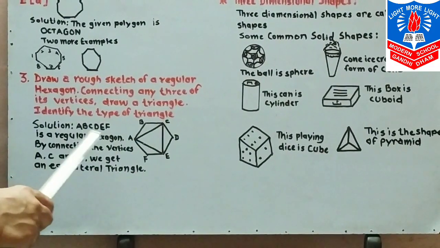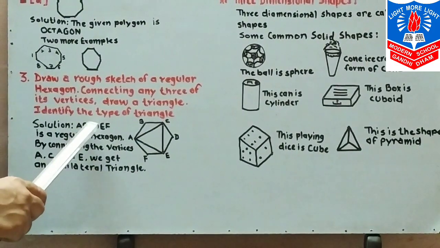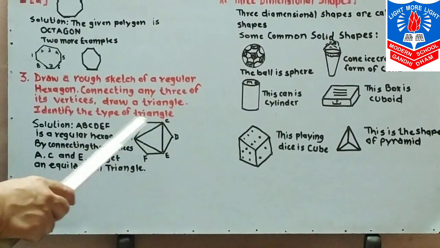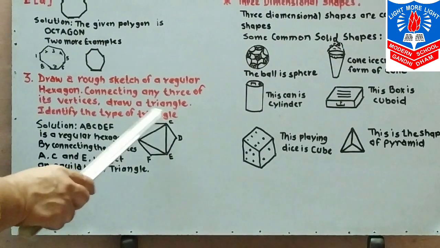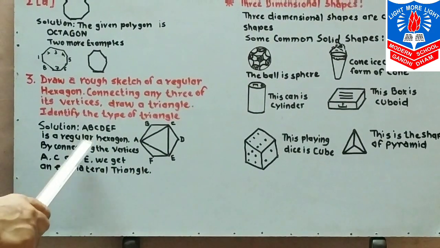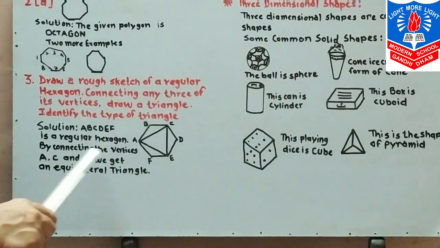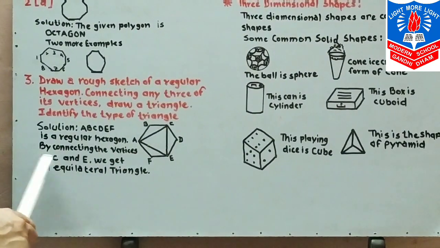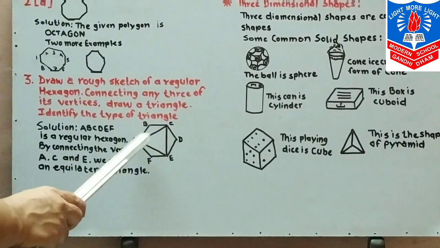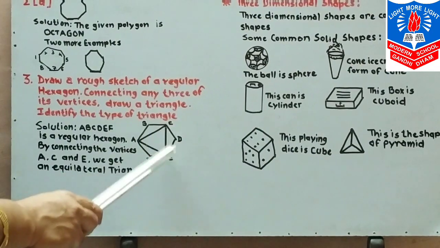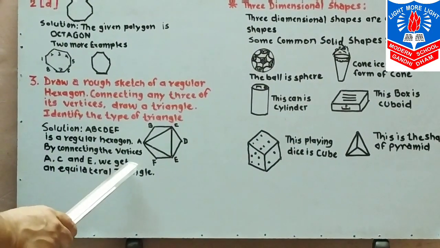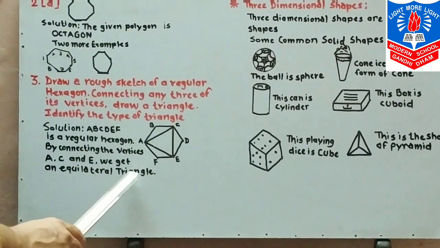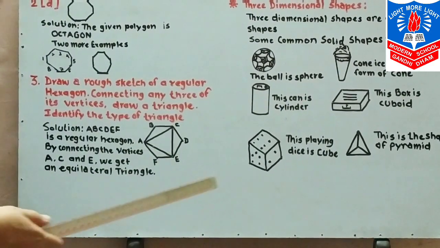So we write the answer A B C D E and F. Its vertices are of a regular hexagon. By connecting the vertices A, C and E, A to C, C to E, E to A, we get an equilateral triangle.